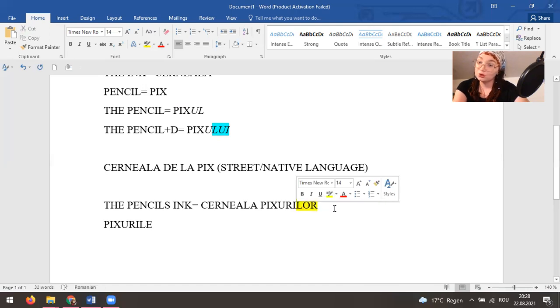And I have good news. Lor is for the feminine and for the masculine. So if it's a plural, we don't need the gender. We don't need to know if it's feminine, masculine, or neutral. No. In the plural, it's lor for both of them.